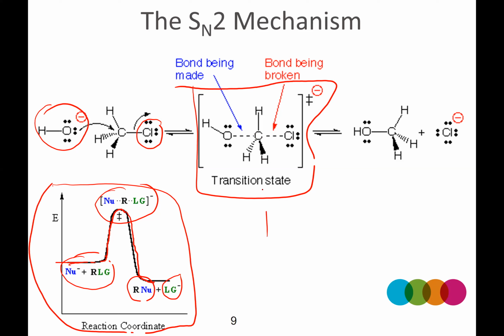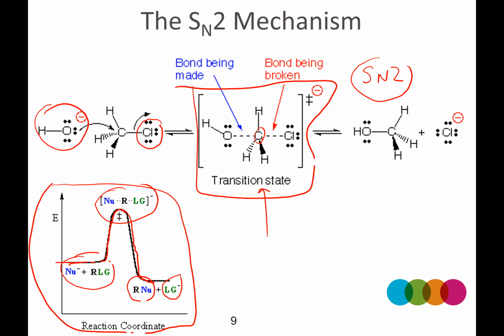You notice in the transition state in an SN2 reaction, one step, it's a little crowded up there, isn't it? You have the 3 atoms or groups that are attached to the central carbon, and then you have the nucleophile and leaving group, which are also partially attached.